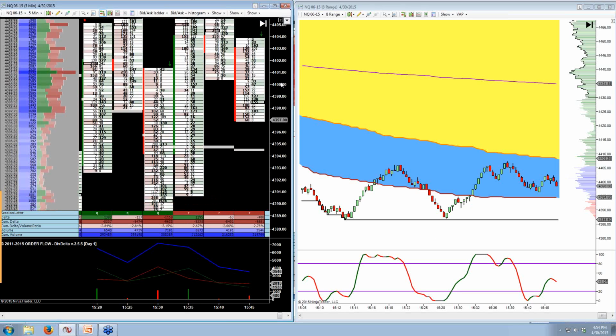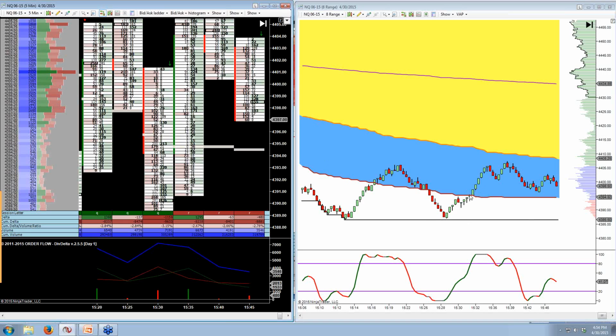Right here, we've got this green delta. So that's telling us, as that bar is forming, now obviously this bar is complete, so it's a high number, but as it's forming, chances are good that it still had a positive delta, meaning that it was green and you had more buyers than sellers. So realistically, you could buy that into that area as long as you had the order flow supporting it.